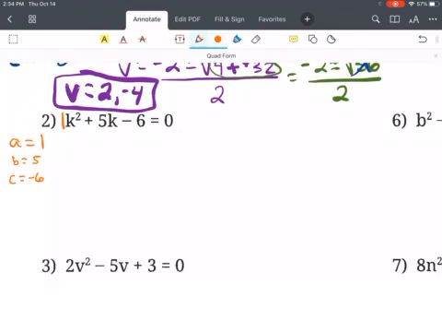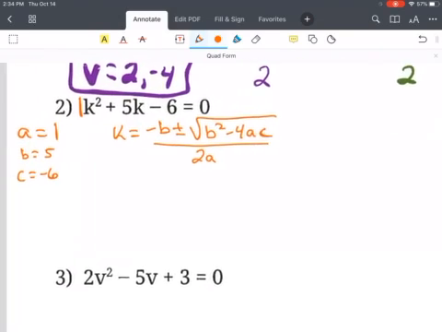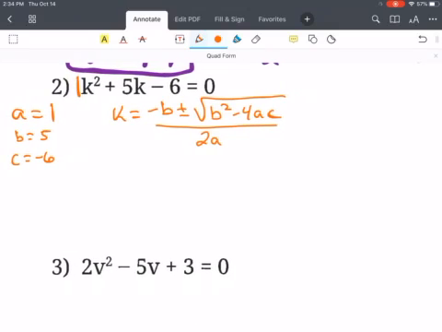We need to substitute this into our formula: opposite of b, plus or minus the square root of b squared minus 4ac, all over 2a. Substitute in the numbers that we have.